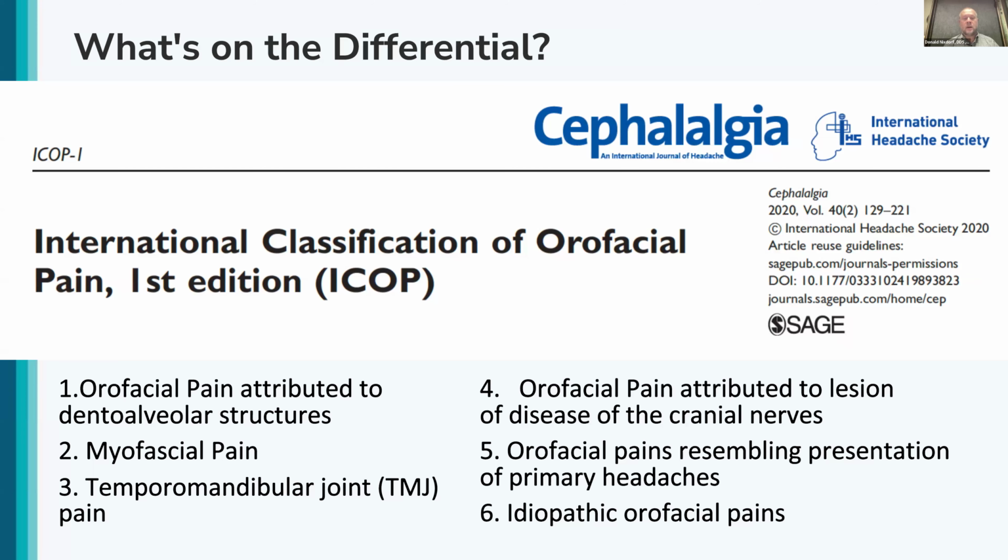The most common, and that's why it's listed as one, is orofacial pain disease, so tooth disease. Myofascial pain is by far the second most common, followed by pain in the temporomandibular joint, hence the reasons for 1, 2, and 3. Then, in this classification system, we get into classifying the neuropathic pain disorders, and they can broadly be split into two different types.